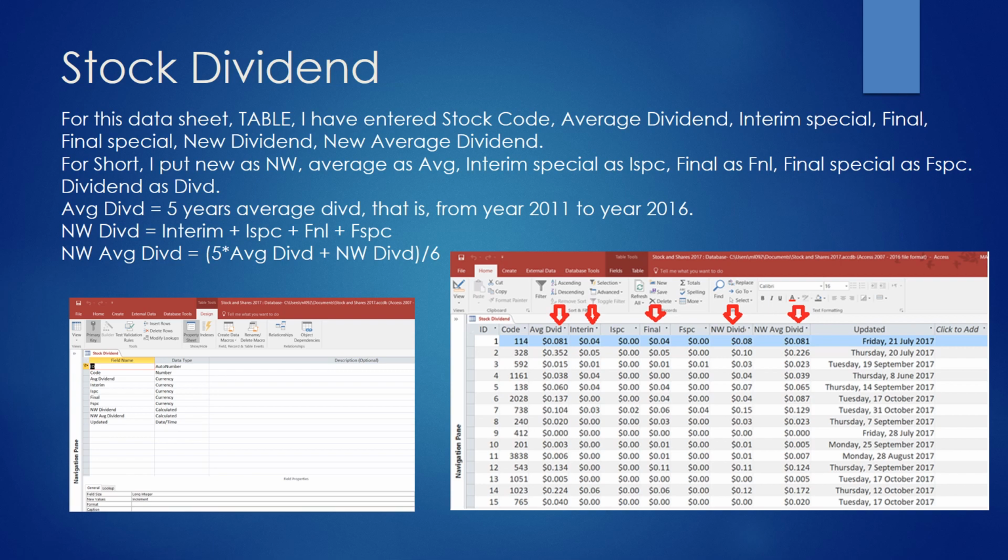Average dividend equals the 5 years average dividend, that is, from year 2011 to year 2016. New dividend equals interim plus ISPC plus FNL plus FSPC. New average dividend equals 5 times average dividend plus new dividend, divided by 6.